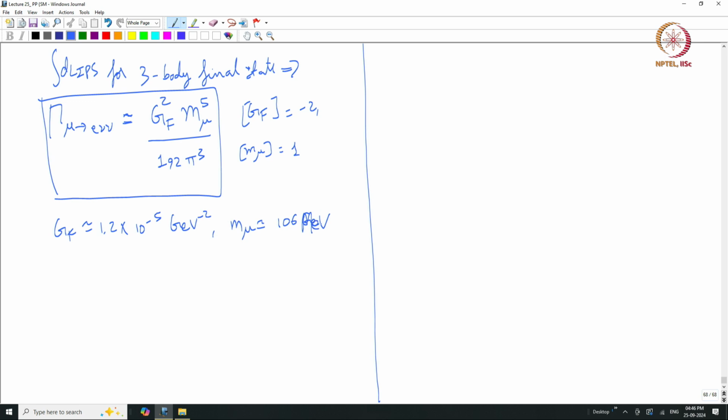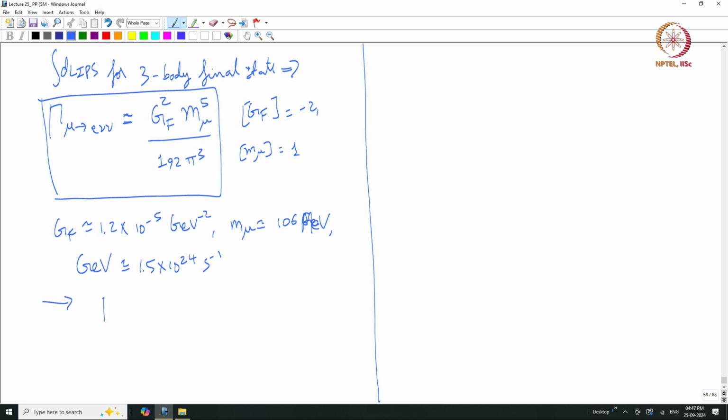The expression is right there. Do it by hand, or if you are feeling up to it, do it in Mathematica or even in your Mac terminal. Get a feel for these numbers; you have to do these calculations yourself. Let me also give you the conversion factor: a GeV is 1.5 times 10 to the power 24 inverse seconds.